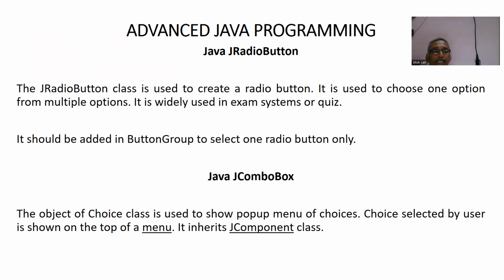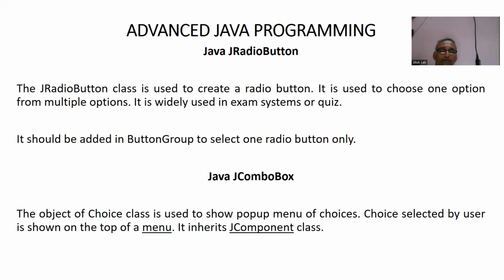It inherits the JComponent class. JComboBox class declaration: public class JComboBox extends JComponent implements ItemSelectable, ListDataListener, ActionListener, and Accessible.